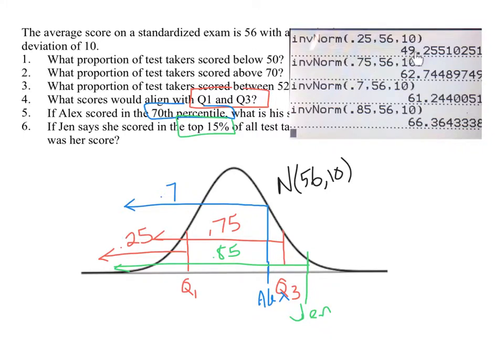So this is Q1, and this is Q3, from 49.26 to 62.74. For the question about Alex being in the 70th percentile, so 70% or 0.7 below, there's Alex's score. And finally, for Jen, 15% above, so 85% below, there's Jen's score.